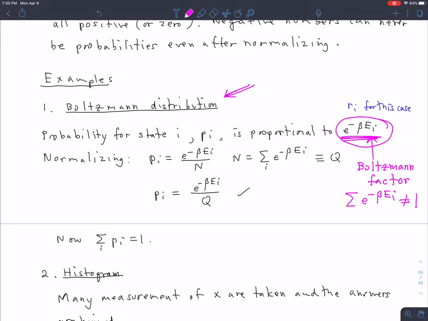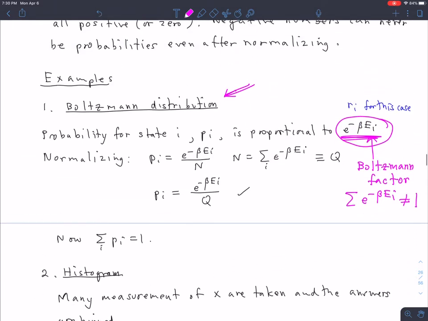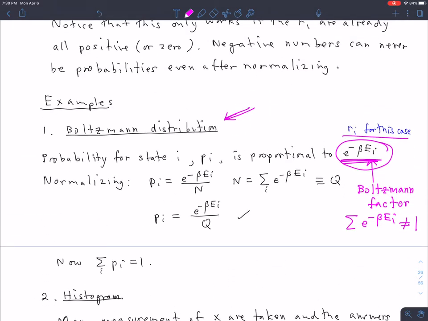So according to the rules we got up here, this normalization factor should just be the sum of all my original things. These are my r sub i's, in this case these exponentials are my r sub i's. So if I just add up all those r sub i's, I should get a proper normalization factor. And we recognize that sum. That's our q that we already got from the Boltzmann distribution up above.